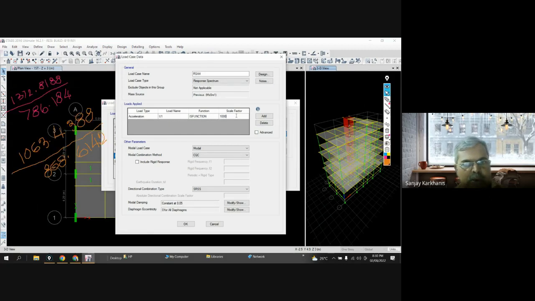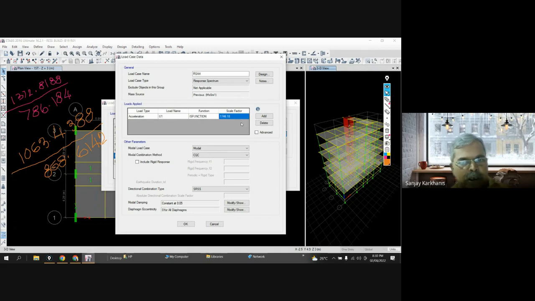Over here I will write 1000 multiplied by 1372.8188 divided by 786.184. I am asking it to calculate; I do everything by that.